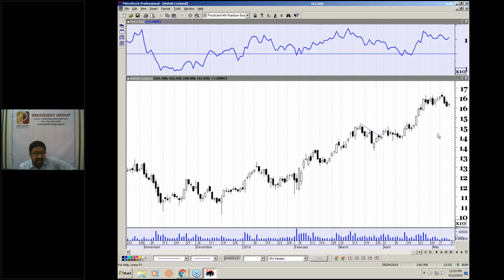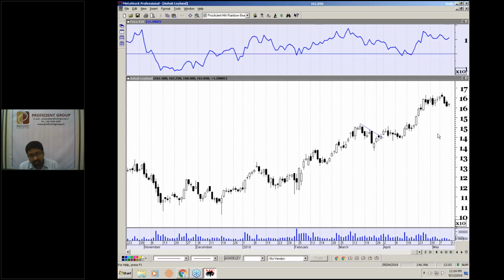And on Friday, it has formed an inside bar formation, right? That is, Friday's high and low are both inside Thursday's high and low. So this increases the possibility of the reversal of the short-term downtrend for Ashok Leyland.